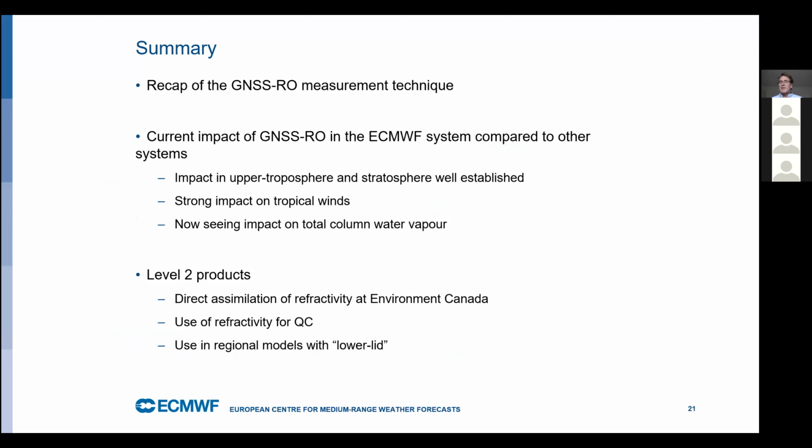That was always expected; it's well established. We have quite a big impact on tropical winds, which is maybe more of a surprise, because some of the balance conditions are not so obvious there. But the key thing is that we're now seeing impact on total column water vapor, so we are actually exploiting the data pretty well in the troposphere as well.